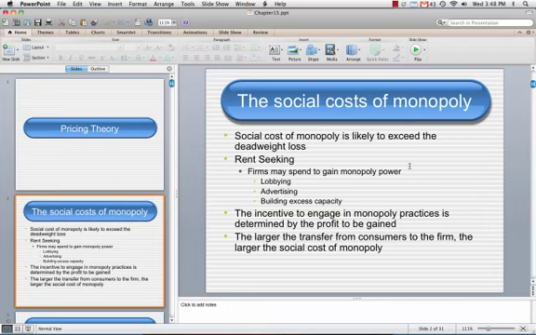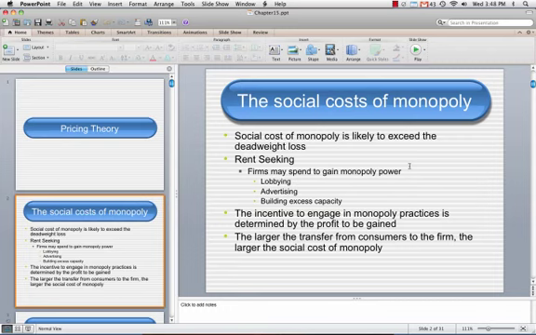This idea that firms act to capture as much surplus as possible is called rent seeking. The way that they do this is by capturing as much pricing power as they can. And they do this through lobbying, getting legislation that works in their favor, by advertising, by showing that the product that firm produces is better than substitute goods that might be available.